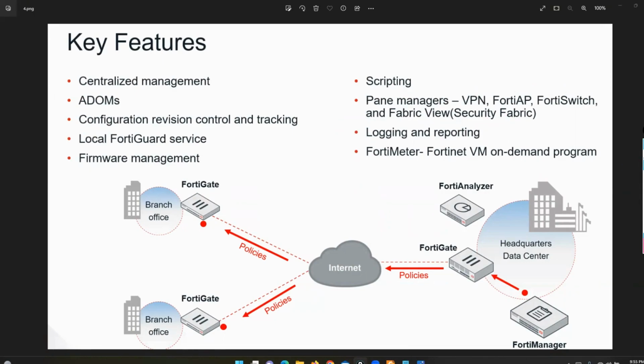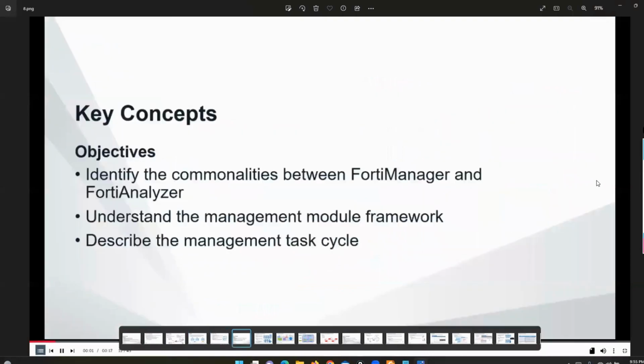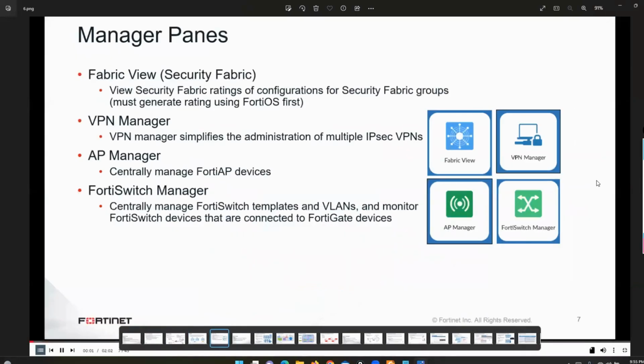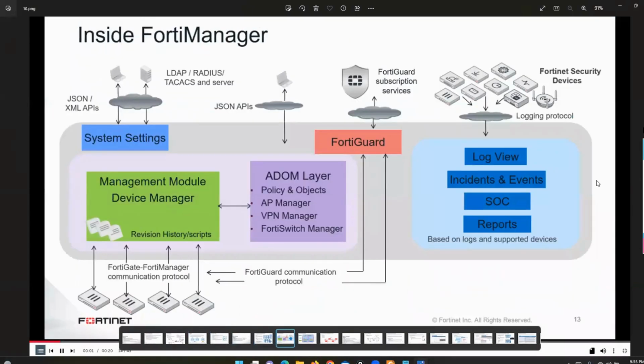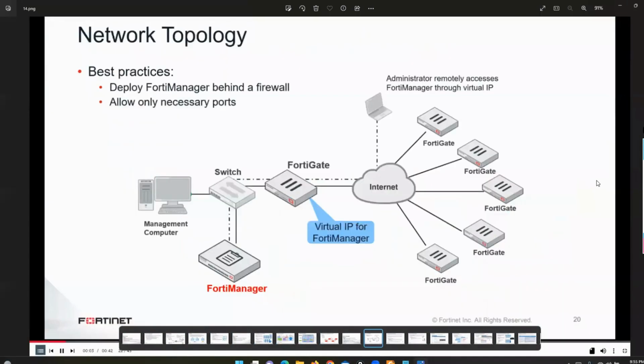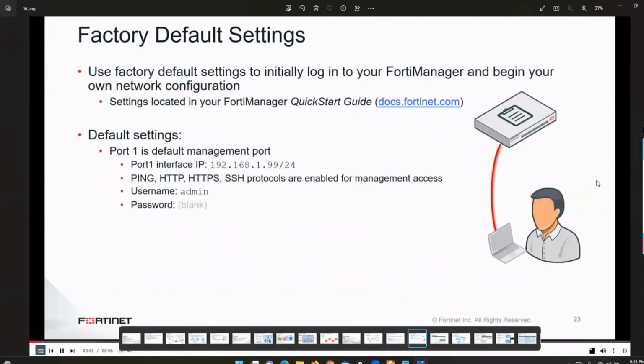Now, let me show you first the factory default setting. So for example, if I have a FortiManager device, and if I have a high-end appliance, on a high-end appliance we have a dedicated management port.